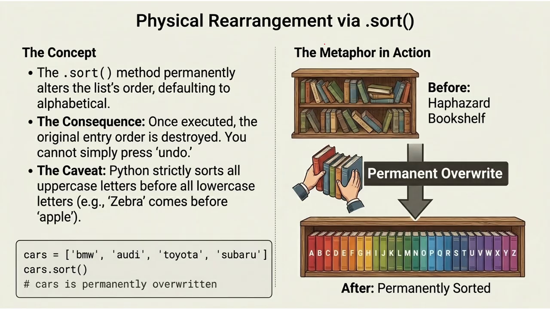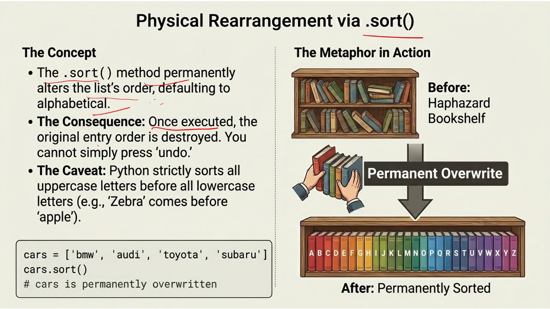So here we have physical arrangement via dot sort. They have mentioned the dot sort method permanently alters the list order, defaulting to alphabetical. What does it mean? It permanently changes the order of the list and follows alphabetical order. What is the consequence?